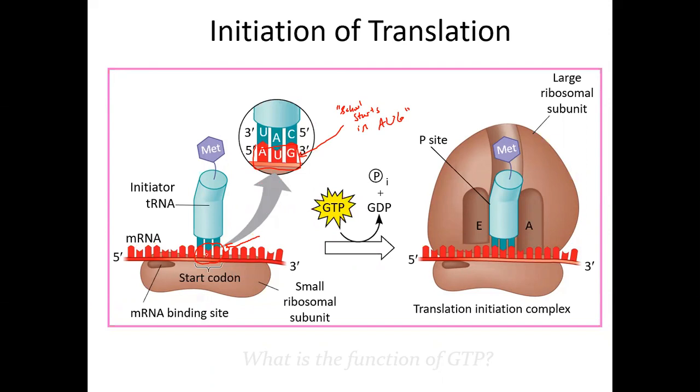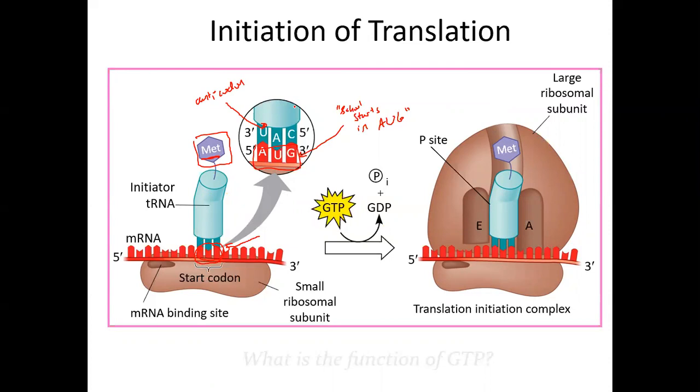Now notice that the codon pairs up with this region of the tRNA, which is called your anticodon. This codon on the mRNA, AUG, codes for the amino acid MET, or methionine. So that's always going to be the start codon. That just lets it know, okay, this is the start of my translation process.